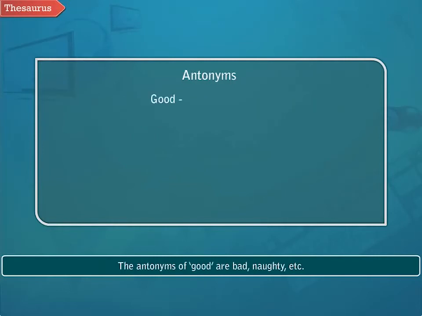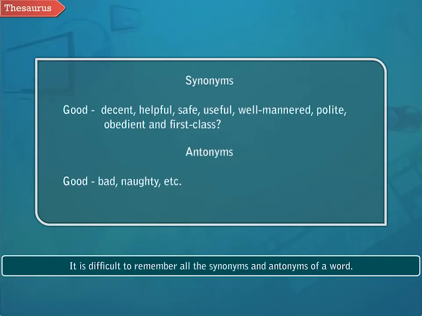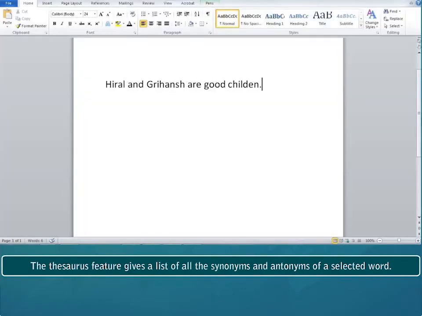The antonyms of good are bad, naughty, etc. It is difficult to remember all the synonyms and antonyms of a word. The Thesaurus feature gives a list of all the synonyms and antonyms of a selected word.